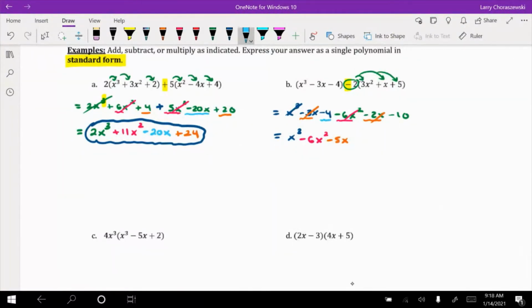And then negative 4 with negative 10 to get negative 14. So how does x cubed minus 6x squared minus 5x minus 14 look to you folks? All right. Good. Sweet, thank you.